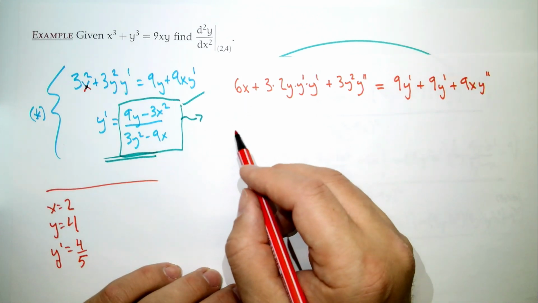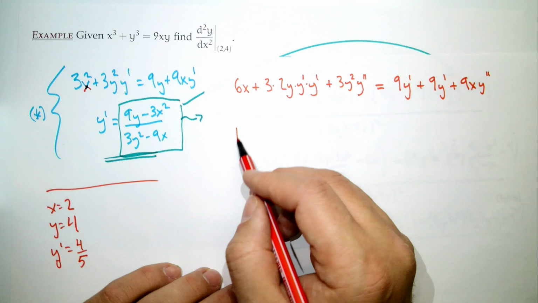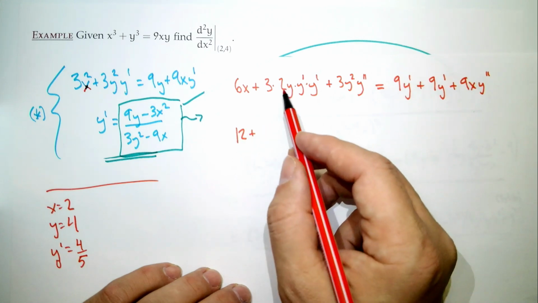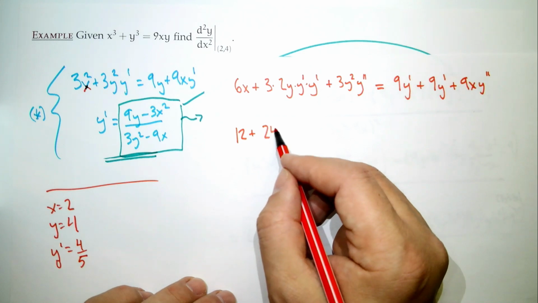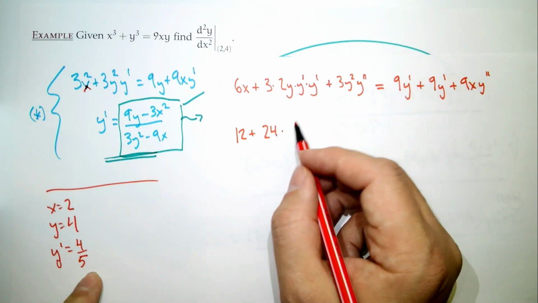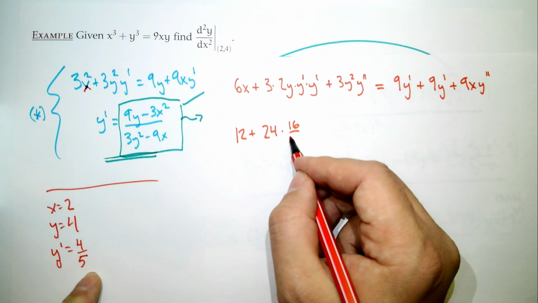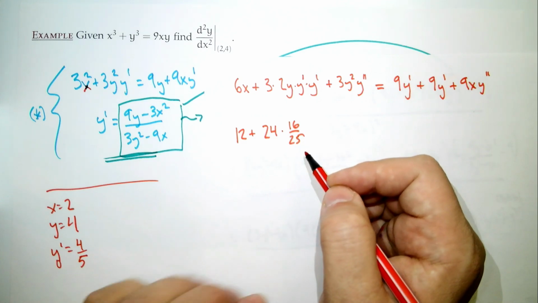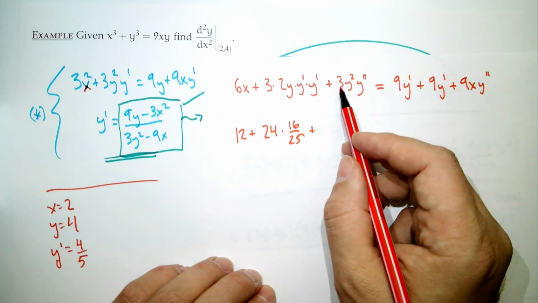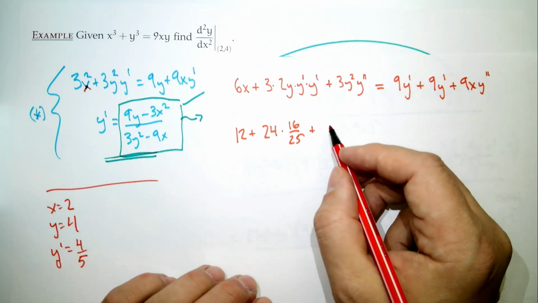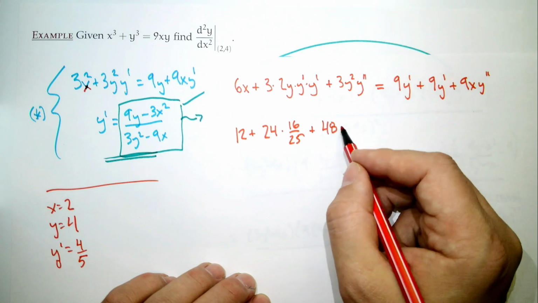6 times 2, 12. Plus 6 times y, which is 24, times y prime squared. So that's going to be 16 over 25. All right. 3 times 4 squared, well, that's 48.